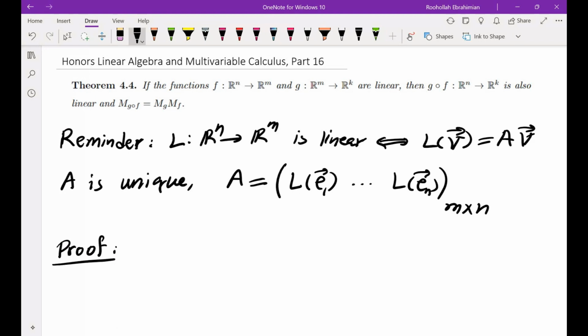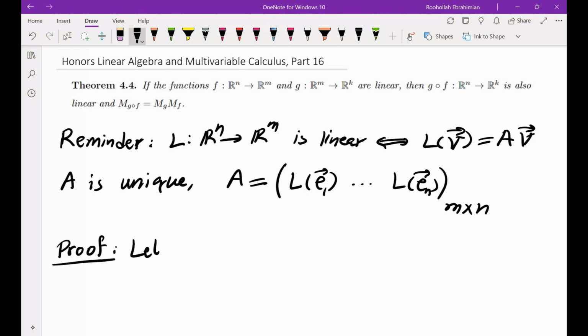Okay, so we know that f and g are both linear, and we want to show that the composition is also linear. So how do we show that the composition is linear? We will show that it satisfies the properties of linear transformations. It satisfies additivity and homogeneity, or we can do the shortcut of L of u plus cv equals L of u plus c L of v.